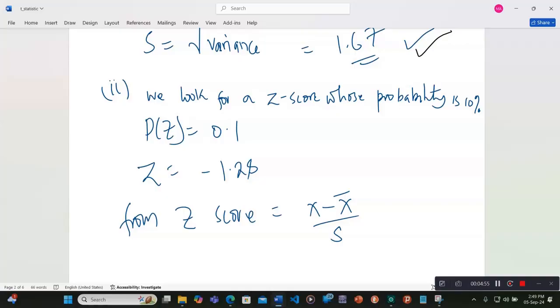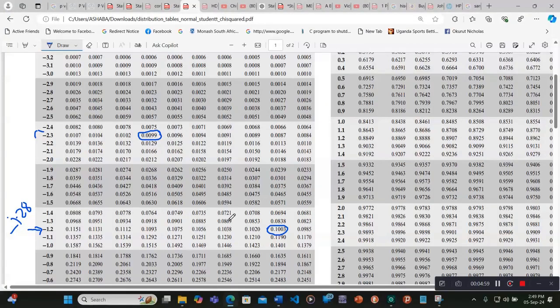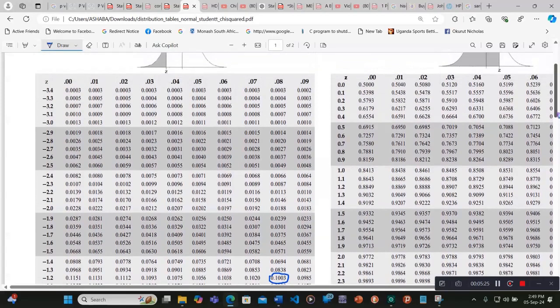What we are going to do is look for the table of values. When we search around, we realize that we have 0.1 close to this value. This value corresponds to negative 1.28.